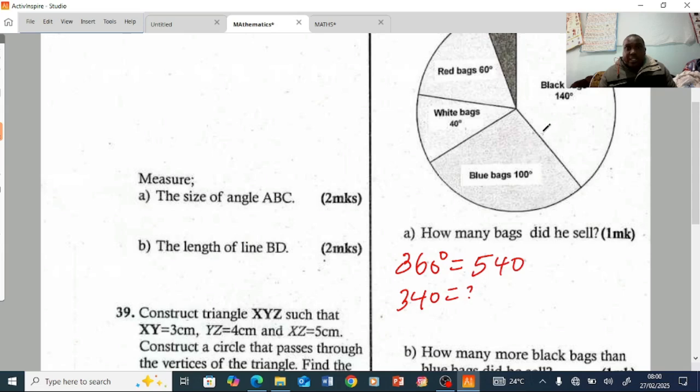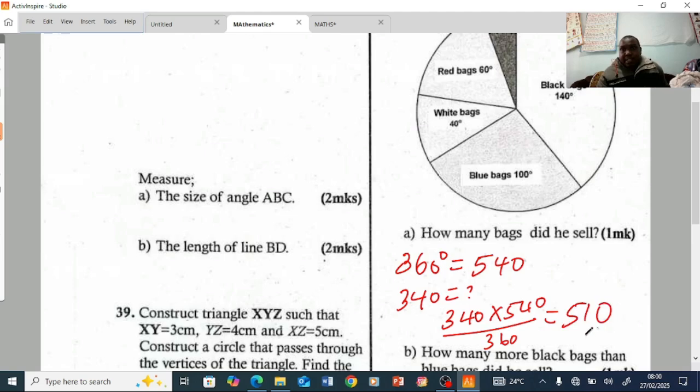Because 20 was not sold. You can get that directly. 340 times 540 over 360 is 510. So we sold 510 bags.